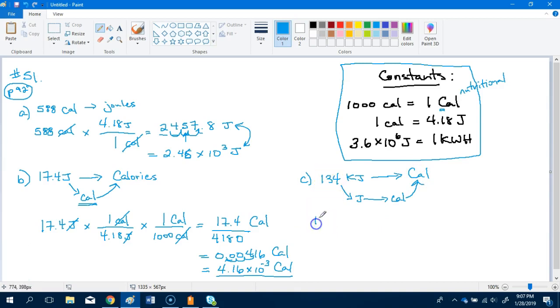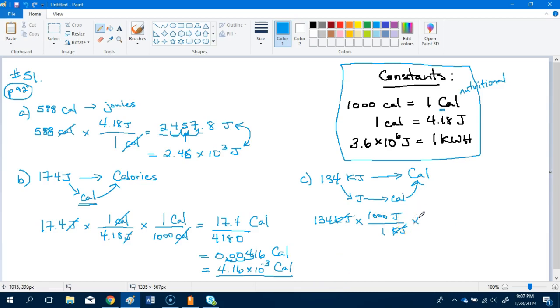So again, I always start with what I'm given, 134 kilojoules. First, I'm going to convert to regular joules. So that means I'm going to have joules on top, kilojoules on the bottom, so that my units cancel out. And it's 1,000 joules for every kilojoule.